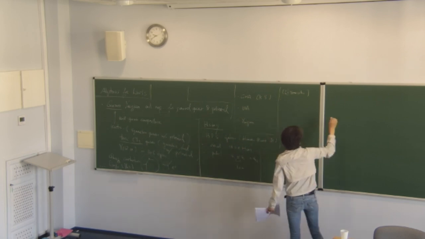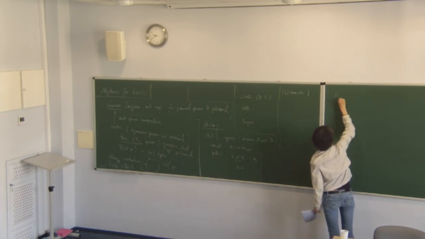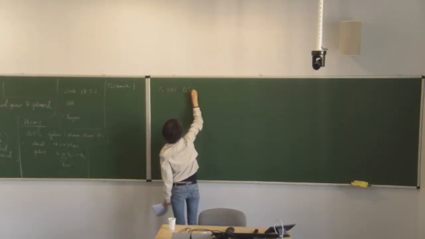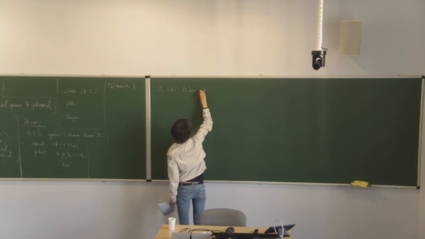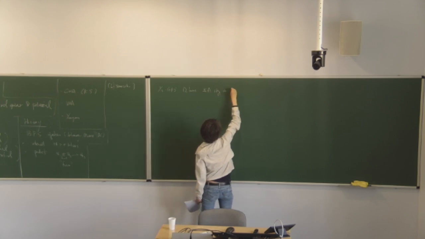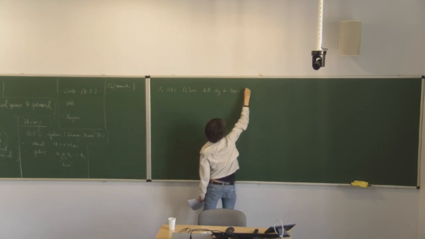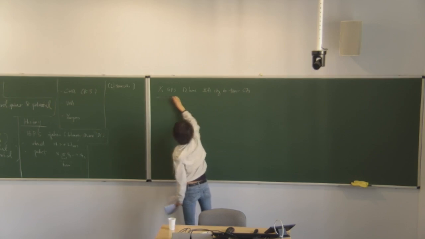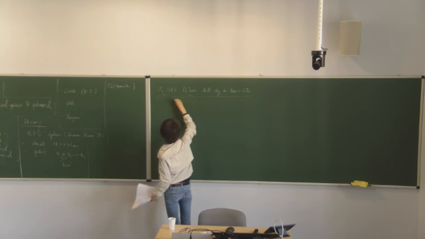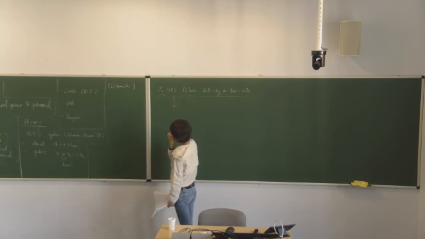There we consider the half BPS sector, the half BPS bound states of type IIA strings in generic toric Calabi-Yau. And then the worldvolume theory is given by some quiver quantum mechanics.